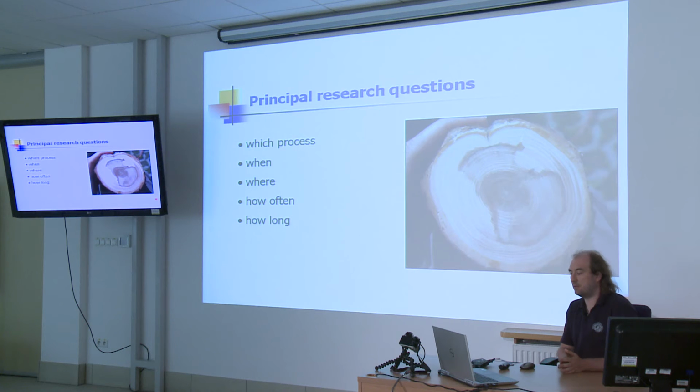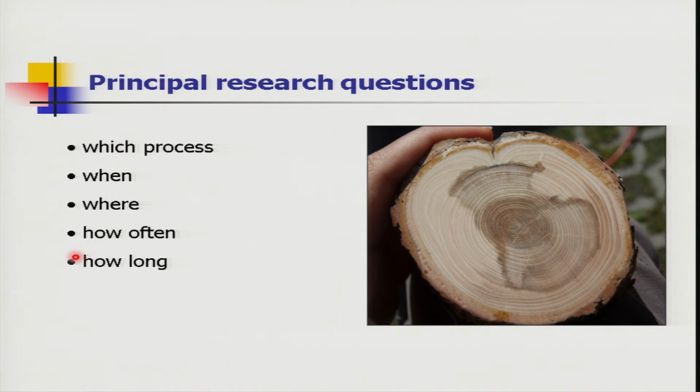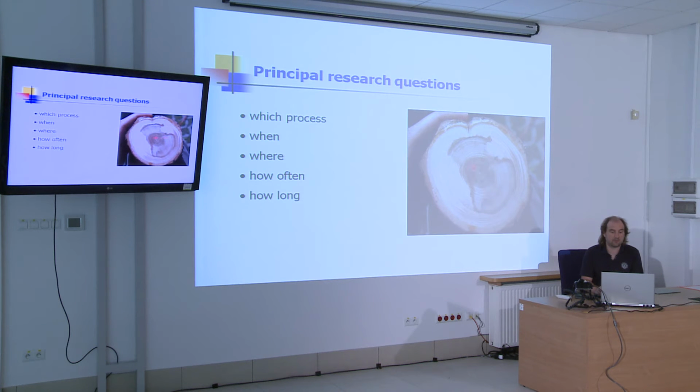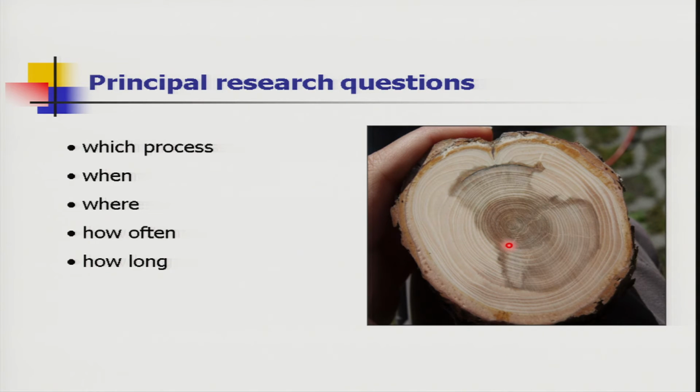Was it a single event or does it reoccur? If it happened, how long was the tree or the plant under the influence of this process? And all this information can be found here, in this tiny piece of wood.